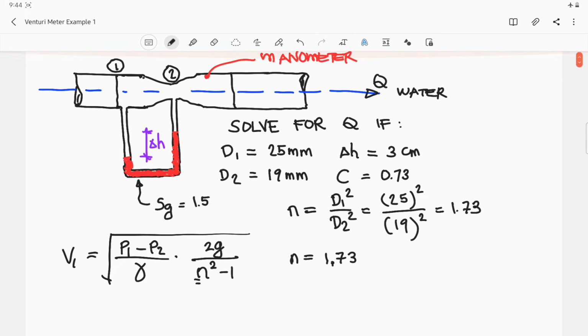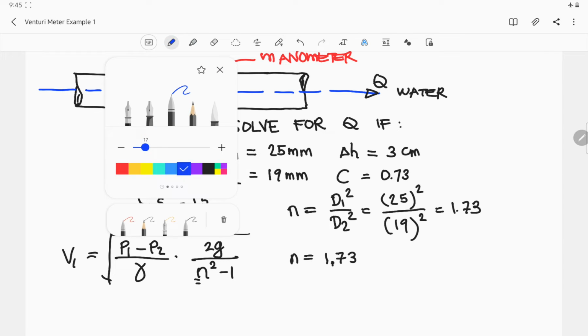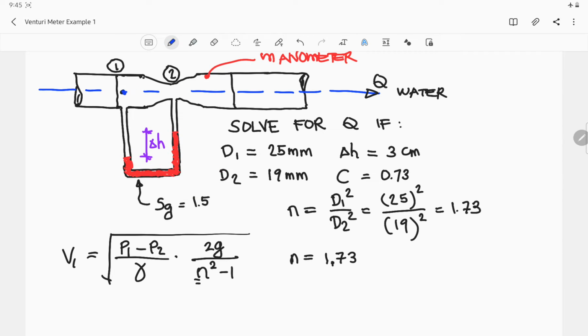So again, we will go back to our drawing. We need to determine P1 minus P2. So we have delta H. Okay, so we will establish first our point 1. So this is our point 1. We have here the pressure at point 1, then we have here pressure at point 2.